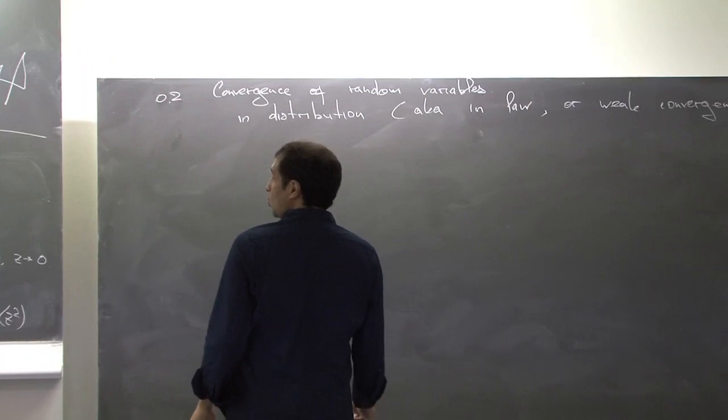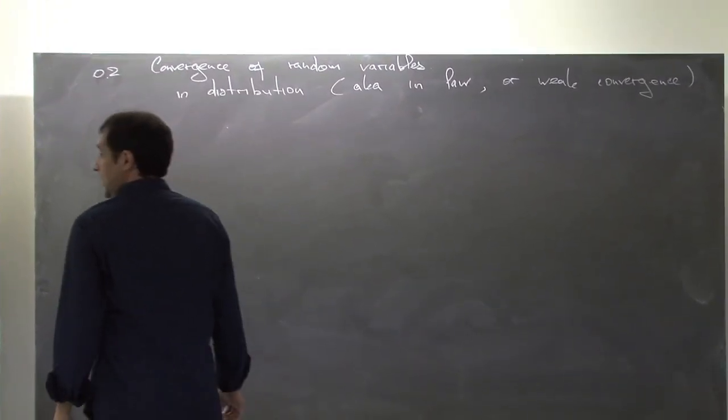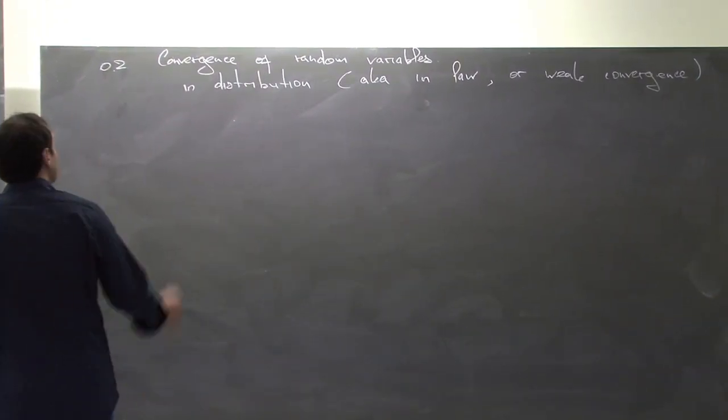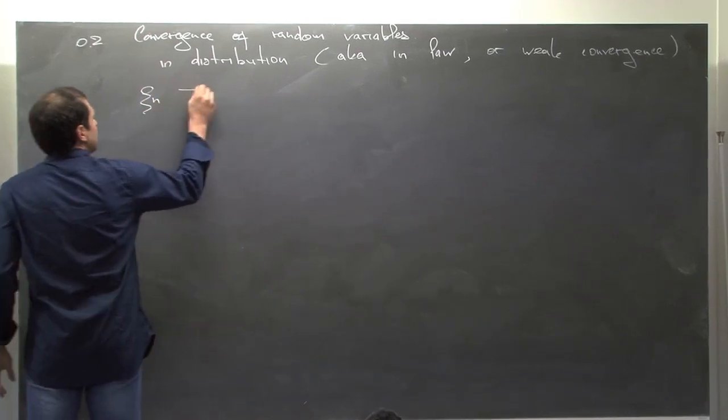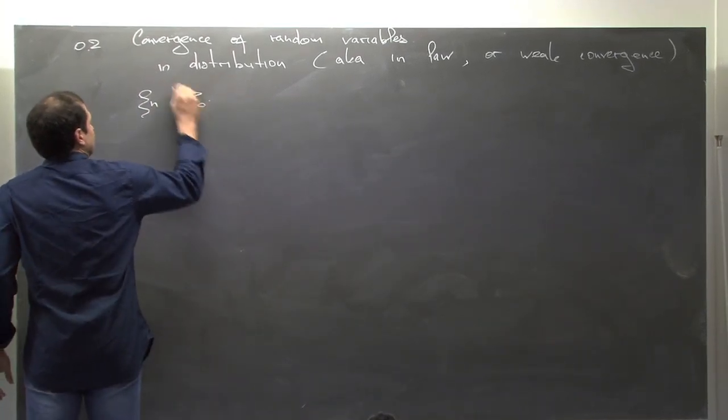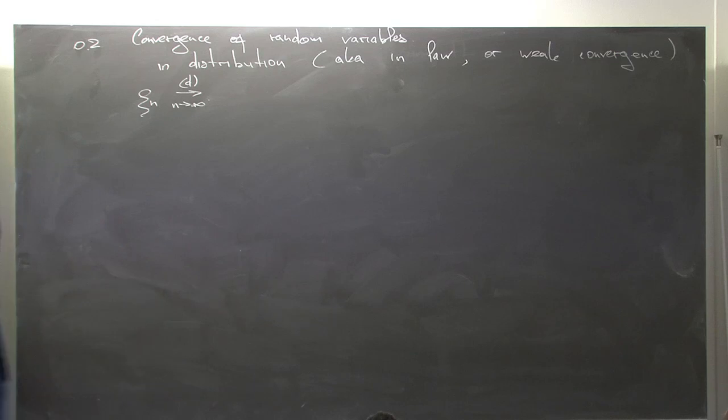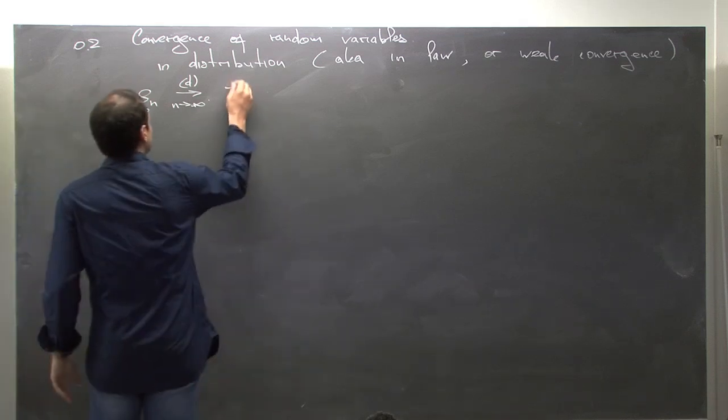So what does it say? It says a sequence of variables converges. I will use this notation with just d upstairs. Converges to xi.